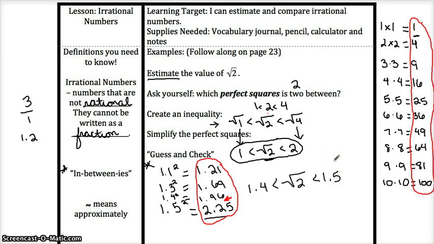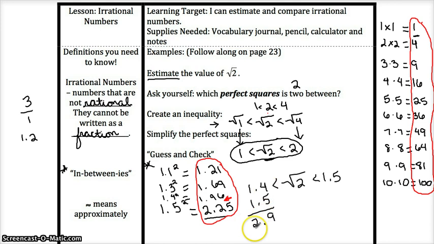Your book actually tells you that it takes the average of these two numbers, 1.4 plus 1.5, and then it takes the average of the two. And this is really just up to your teacher how they want you to do this.